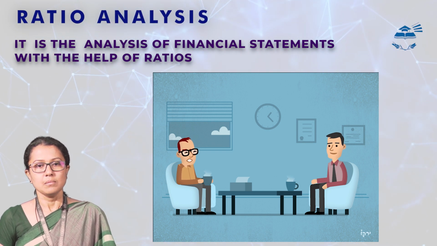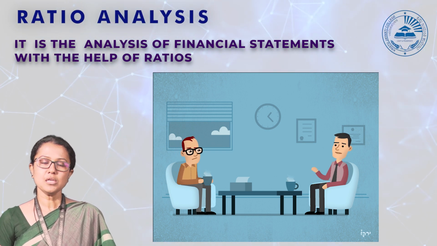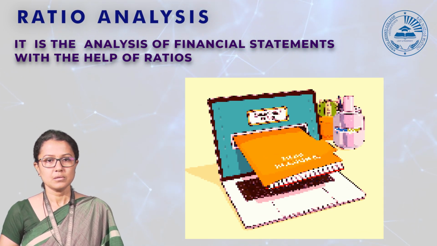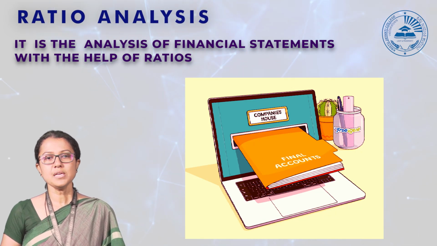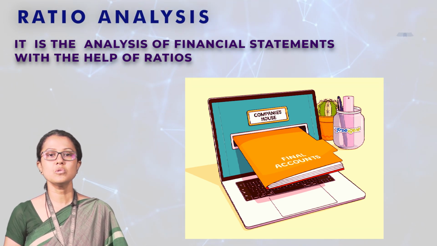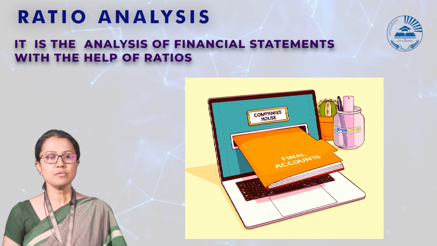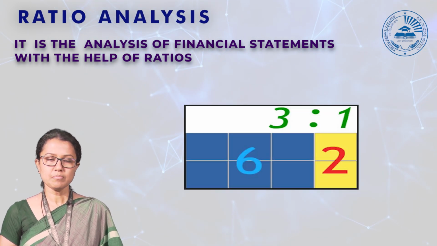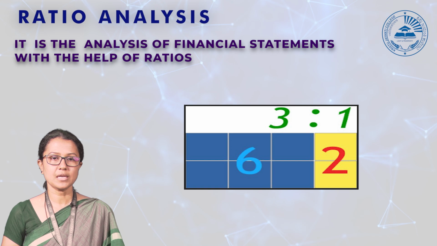But when you look at the financial statements, they look like raw data. When we want to reach a conclusion or analysis, we have to convert this raw data into different forms. For that we use a variety of tools, and one important tool is ratio analysis.